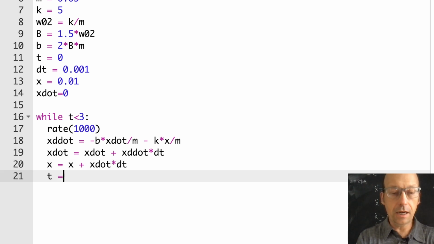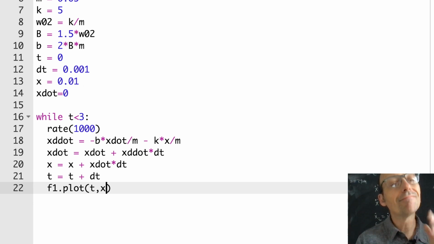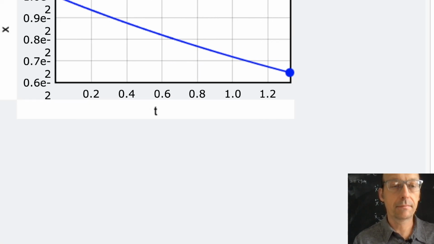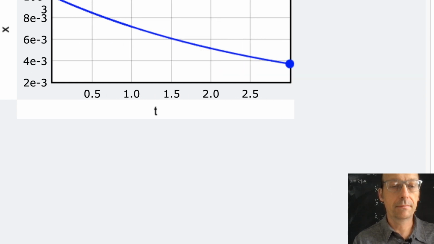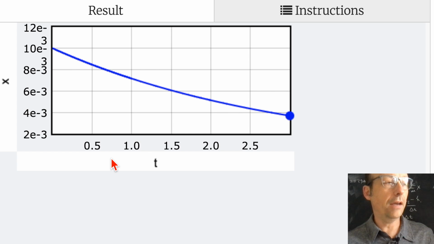And then I can update time. t equals t plus dt. And let's go ahead and plot it. F1.plot(t, x). Let's see what happens. Okay, so that looks like exponential decay right there.